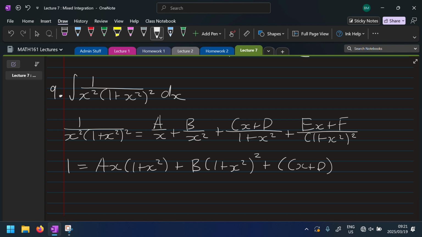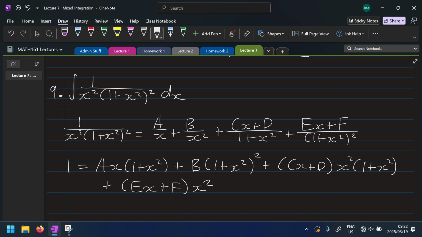The 1 plus x squared cancels, so we're left with x squared(1 plus x squared). And finally, ex plus f, the (1 plus x squared) squared cancels, so we're left with (ex plus f) x squared. So we have everything we need.